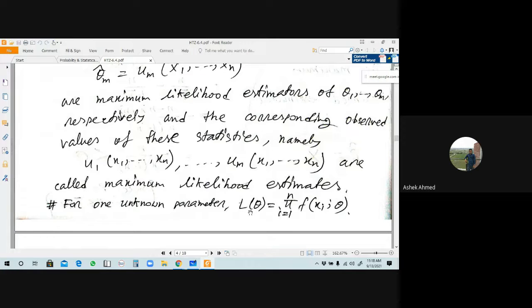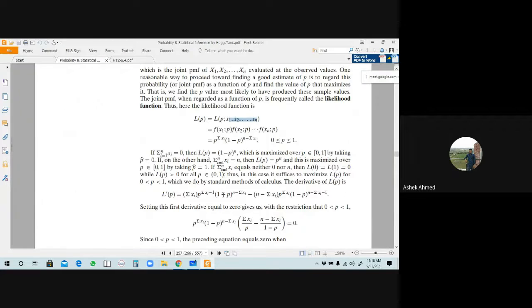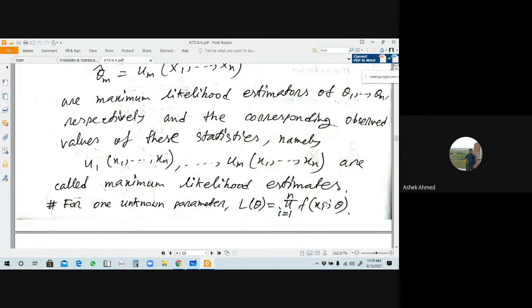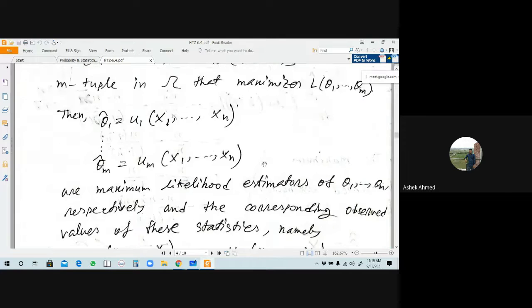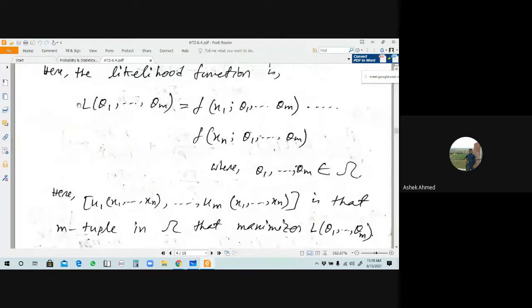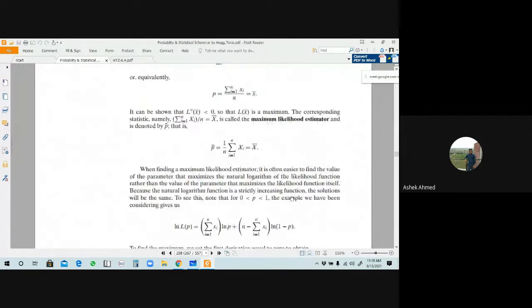The maximum likelihood function will be কি হবে, L of theta equals to product of i equals to 1 up to n f of xi semicolon theta, that has been given here. যদি আমাদের প্যারামিটার একটা থাকে, then this function will be in this form. আর যদি more than one parameter থাকে, then the maximum likelihood function will be this form.